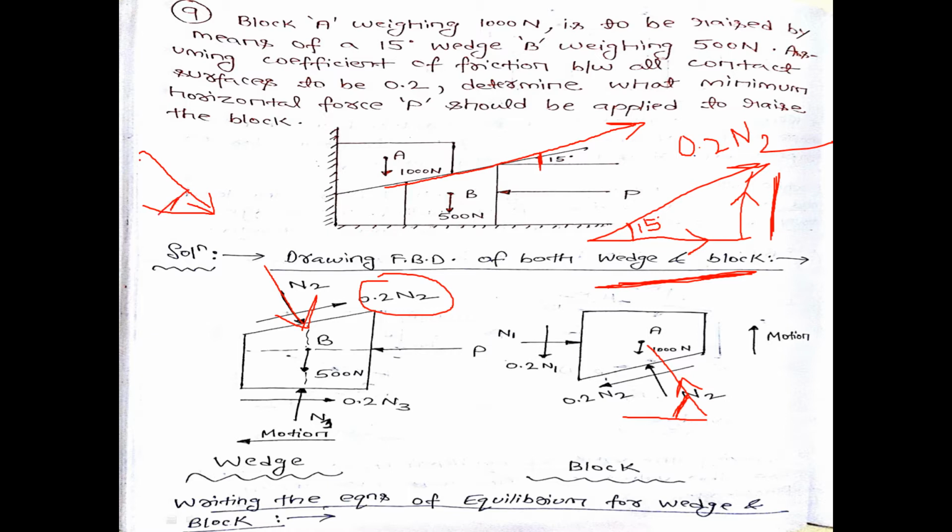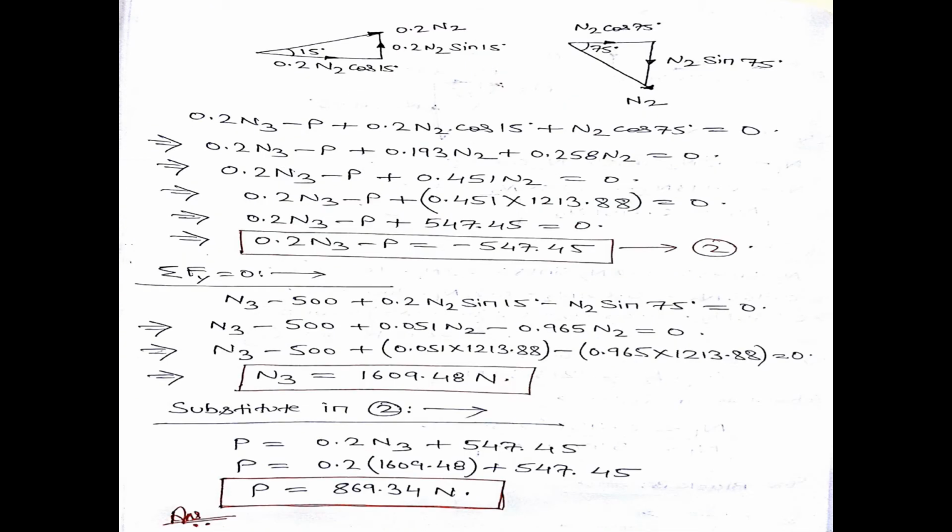If this is 75 degree, then this will be N2 cos 75, and this will be N2 sin 75. So we have resolved the 0.2 N2 force and N2 force. Now easily we can write down the equations of equilibrium. Let us write down summation Fx equal to 0 for block B.